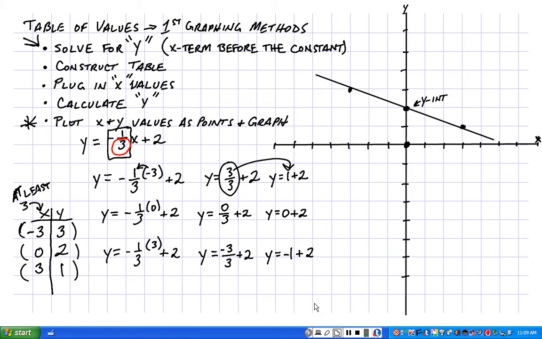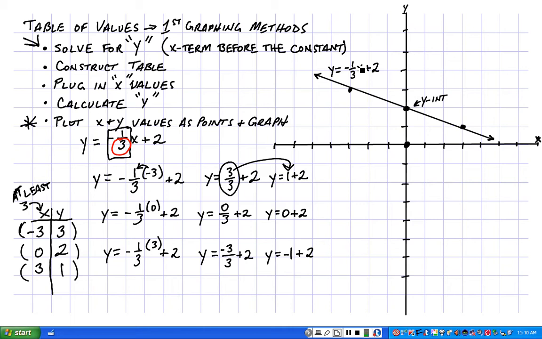Alright, so there's our graph. Okay, and this graph represents y equals negative 1/3 x plus 2. This entire line is that equation. Okay, let's look at one more.